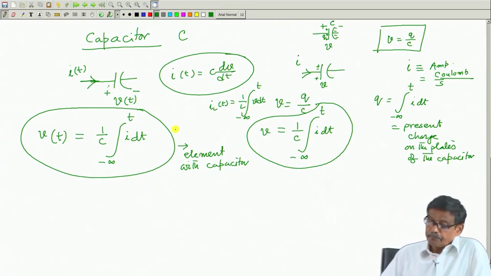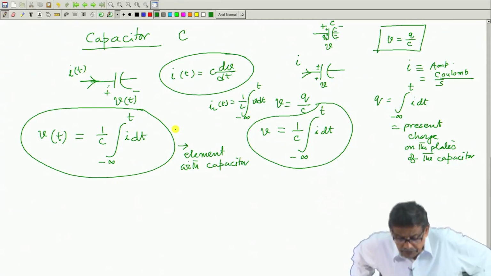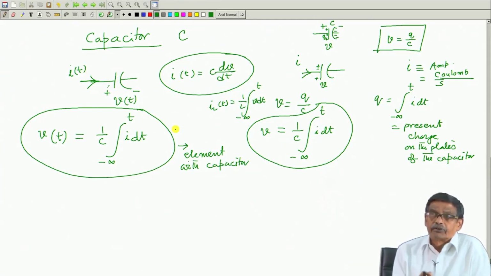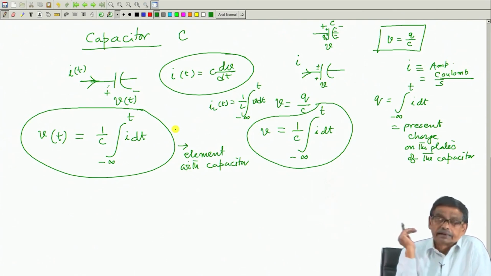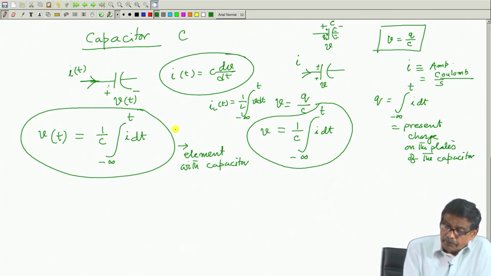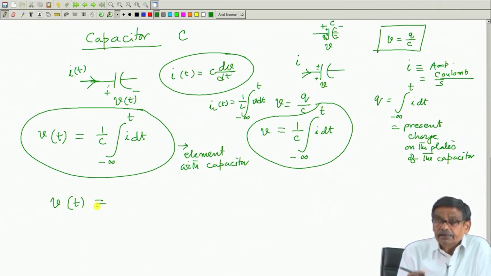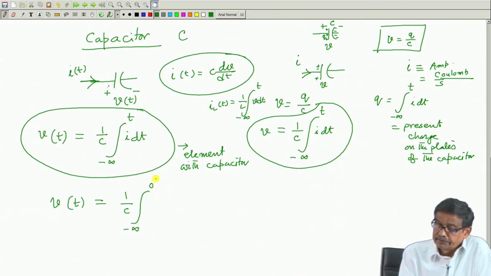Acha. Then I will do exactly what I did for the inductor. For example, the voltage across this capacitor, I will write it in 3 pieces, like 1 by C, minus infinity to 0 minus, I dt.